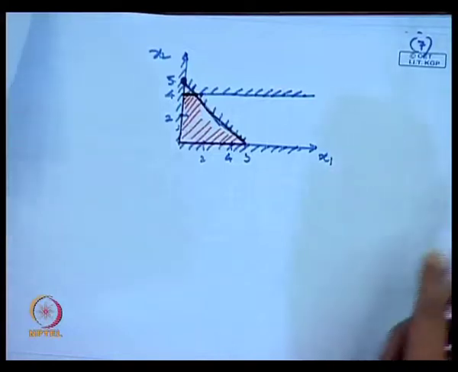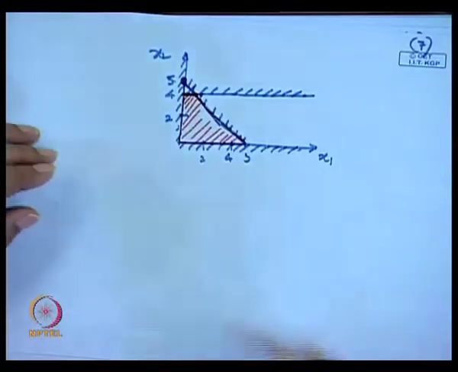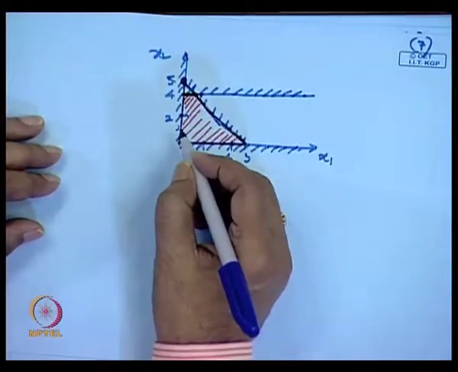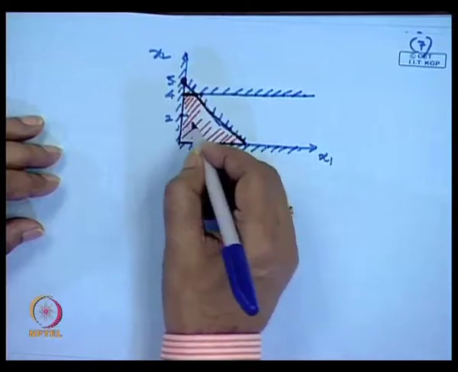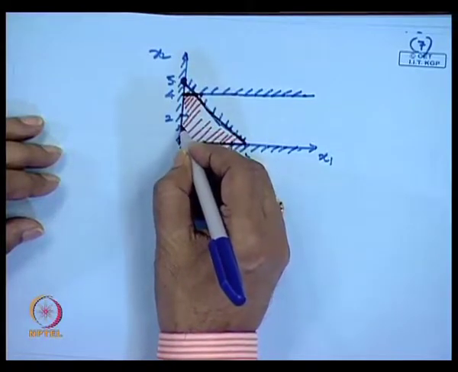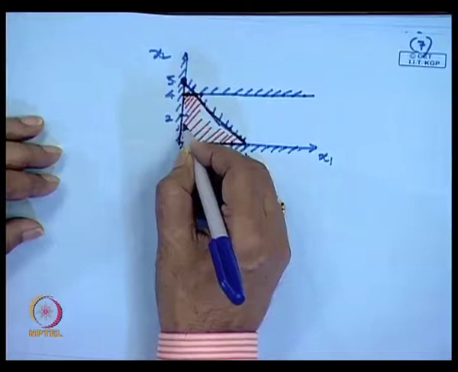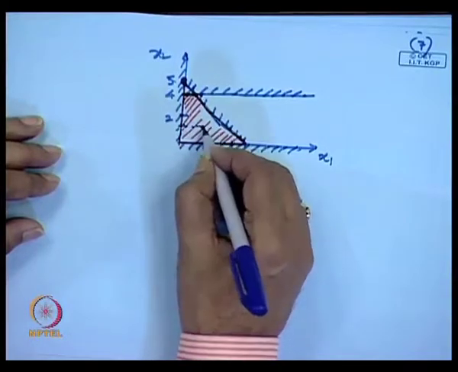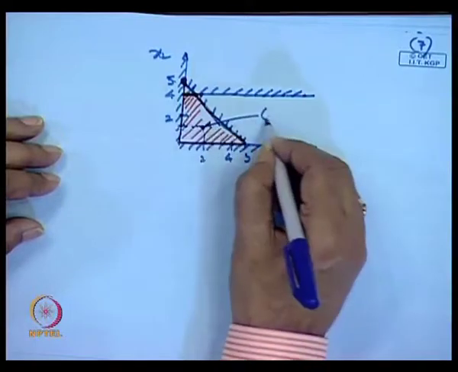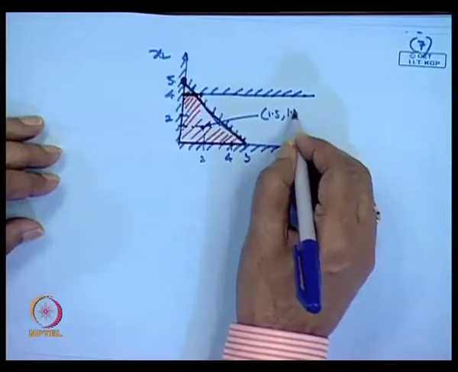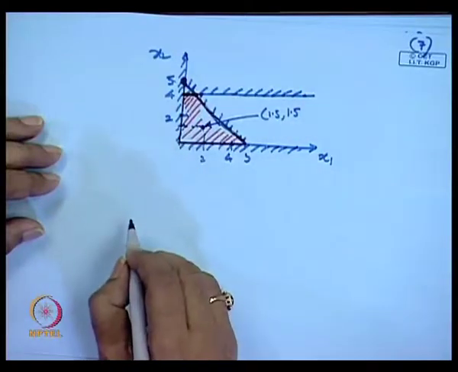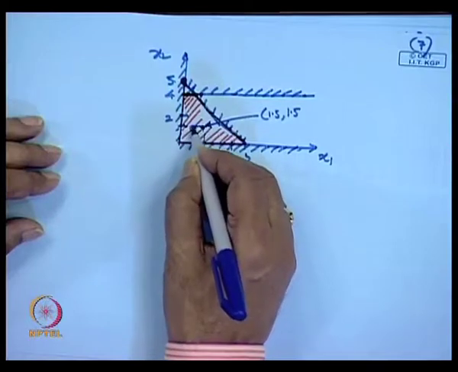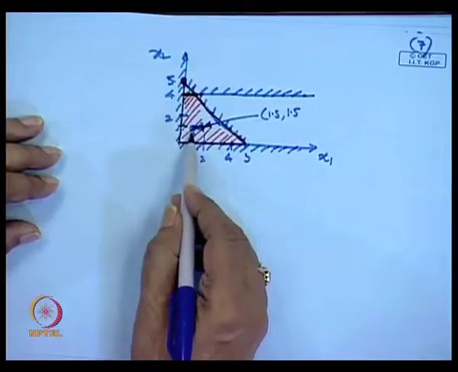Let us take 2 points inside the feasible region, interior points. One, we take 1.5 and 1.5. This coordinate is 1.5 and 1.5. Sorry, it is here somewhere, not here.